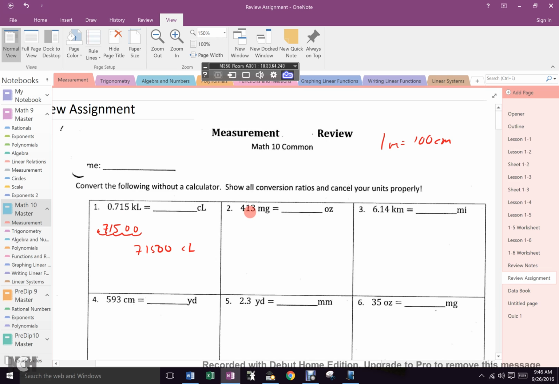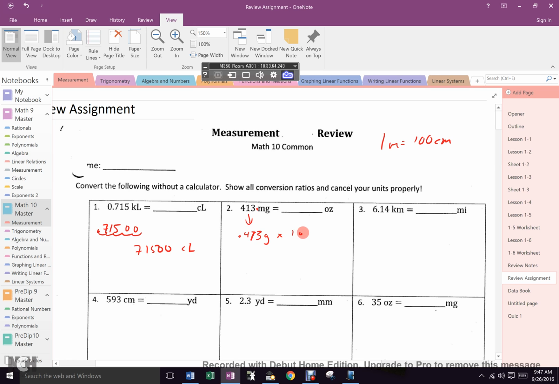All right. This one is another hard one because you didn't have milligrams to ounces on your sheet, did you? No, but did you have grams to ounces? Yes. So if you make this grams by moving the decimal, how many spaces from milli to base? 3. The decimal was here, so I got to move it out. It is 0.413 grams, right? And then I need ounces.